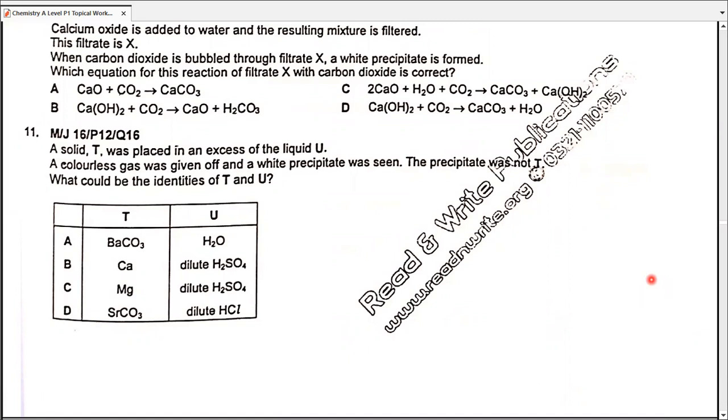A solid T was placed in an excess of the liquid U. A colorless gas was given off and a white precipitate was seen. The precipitate was not T. What could be the identities of T and U?